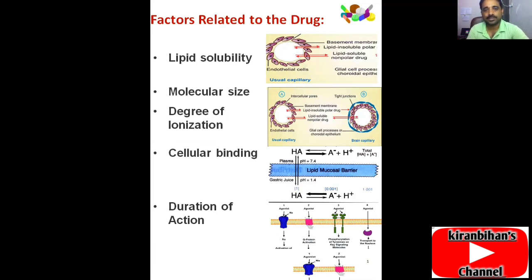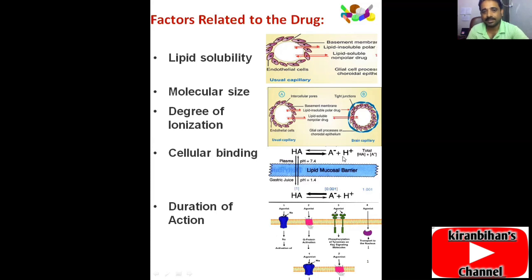Degree of ionization has importance. For example, the drug which has low pH, like an acidic drug, will be absorbed from the stomach. Here you can see the HA represents the acid at pH 7.4.